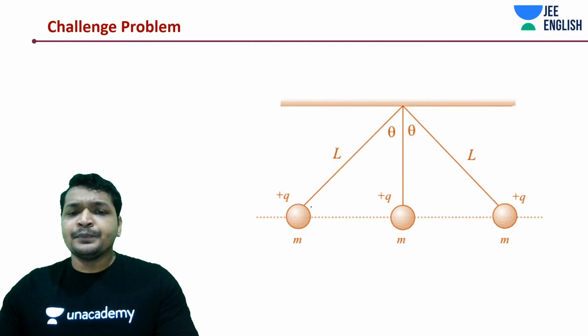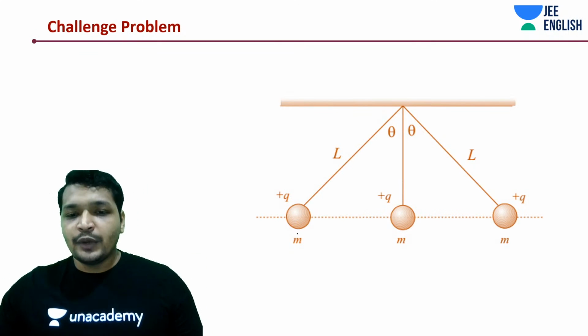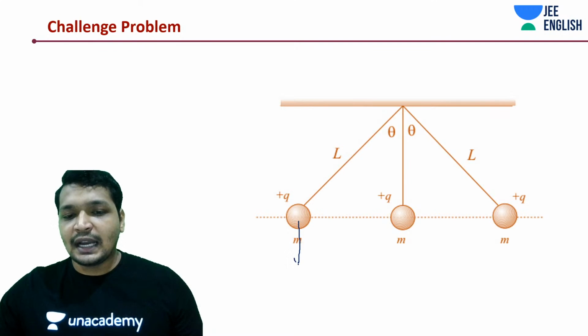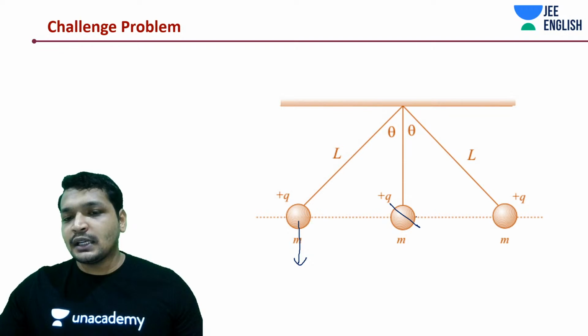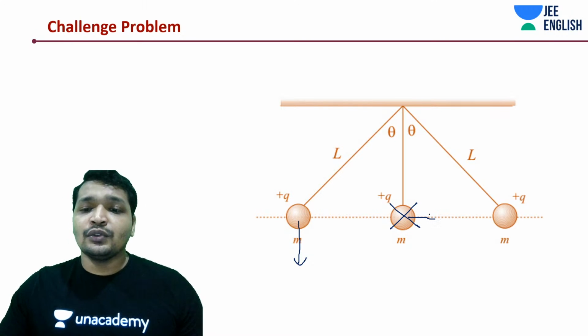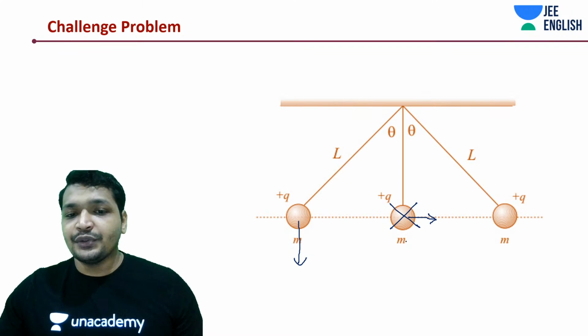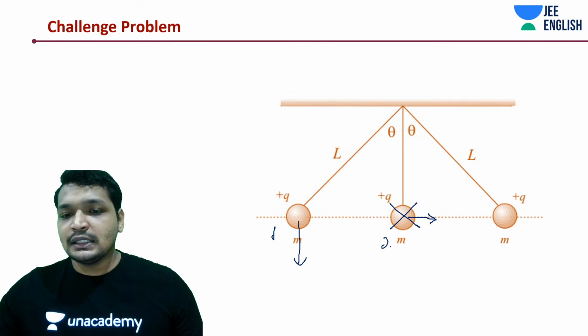It's a very easy problem. First of all, there are two kinds of forces you understood. One is the weight itself, which is acting on each of the bodies. This middle body is something that you don't want to analyze, the reason being it is balanced. They are all identical like charges. Let's say this is 1, this is 2, and this is 3.